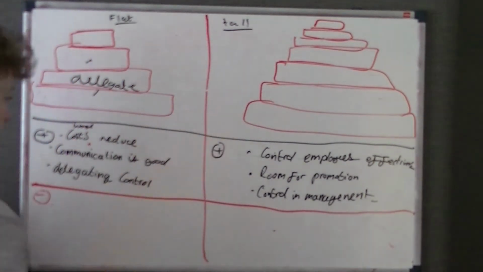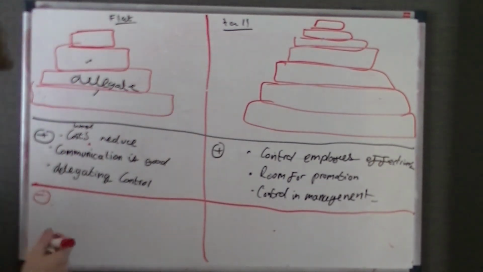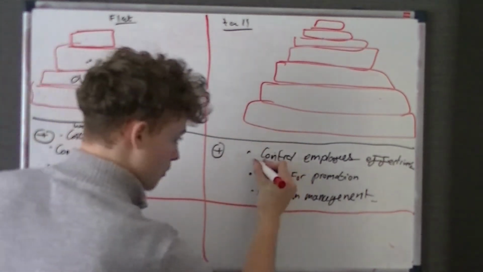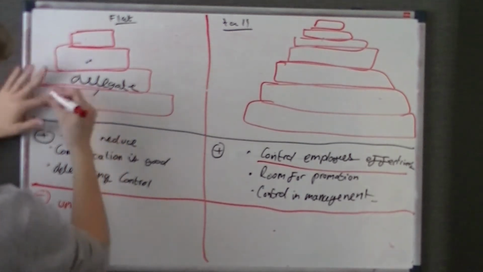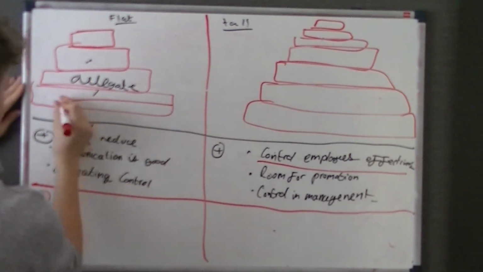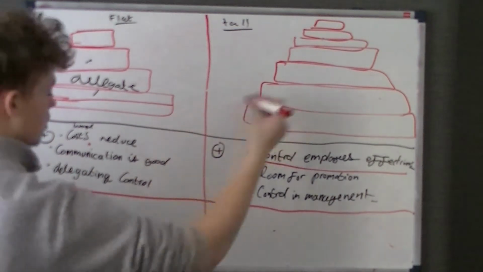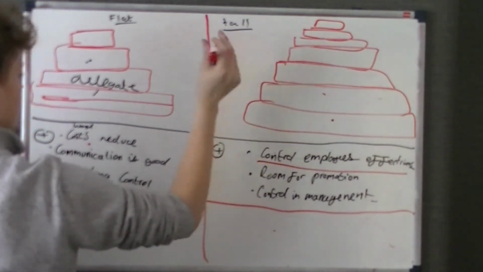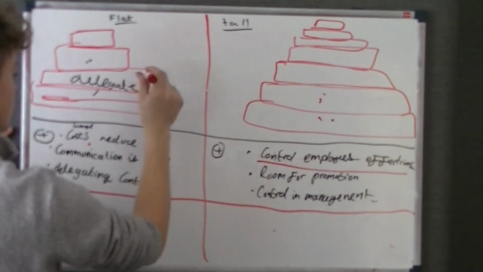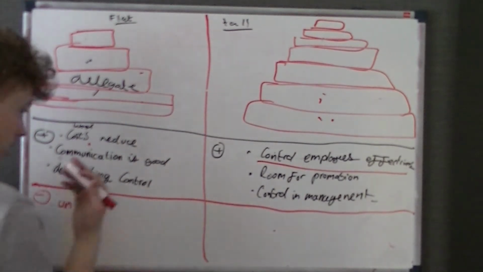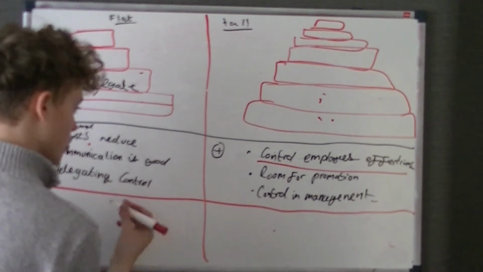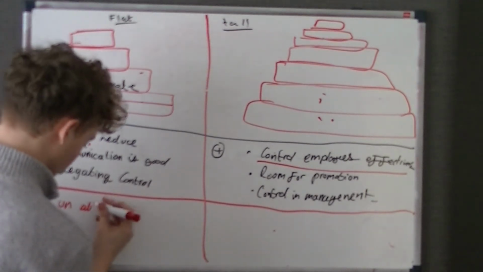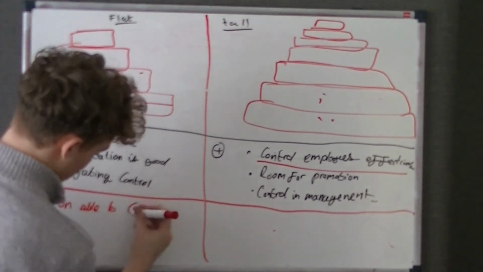So a disadvantage of a flat structure is that you can't control employees as effectively. Because you've got a wider range of employees for this section, you've got more work to do, for example. So unable to control employees.